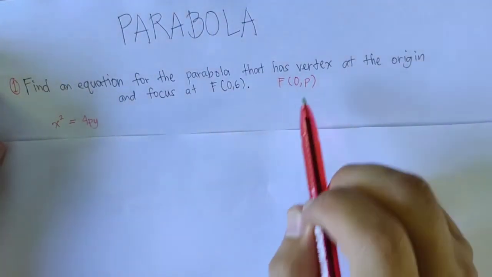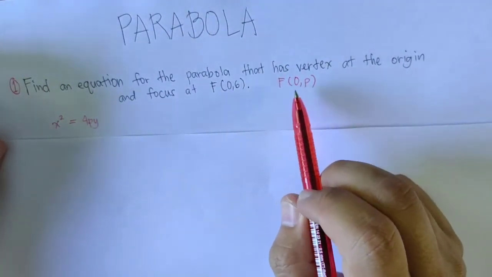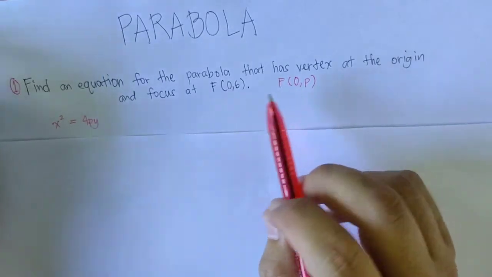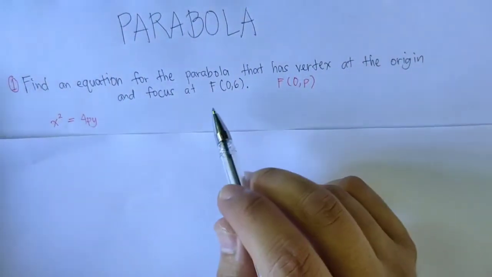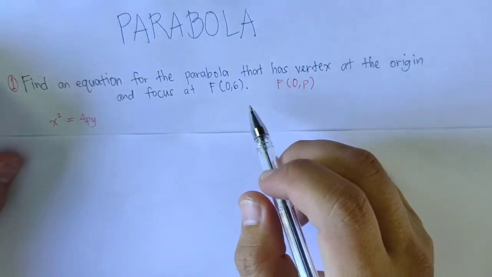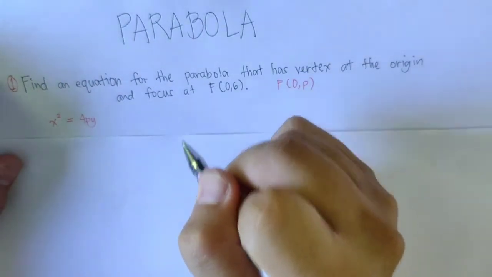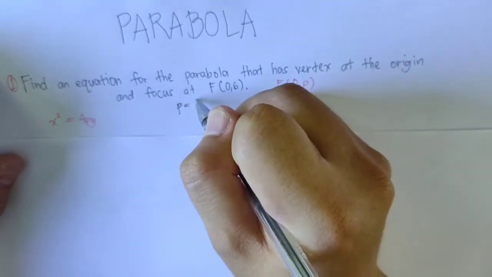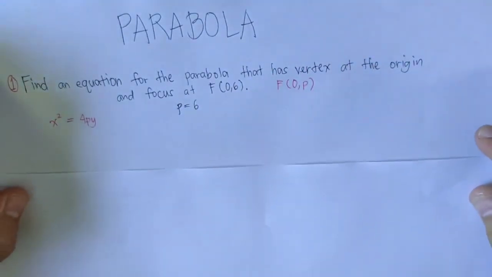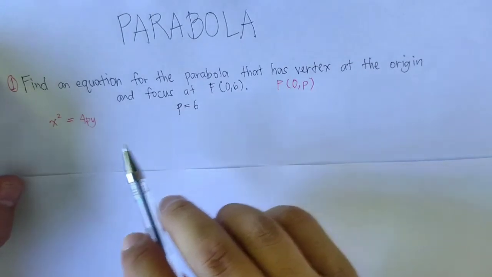Kung yung focus natin ay at (0, p), so itong focus natin sa problem natin ay at (0, 6). So, we can say that our p is equal to 6. Plug in lang natin yung value ng p dito sa equation.